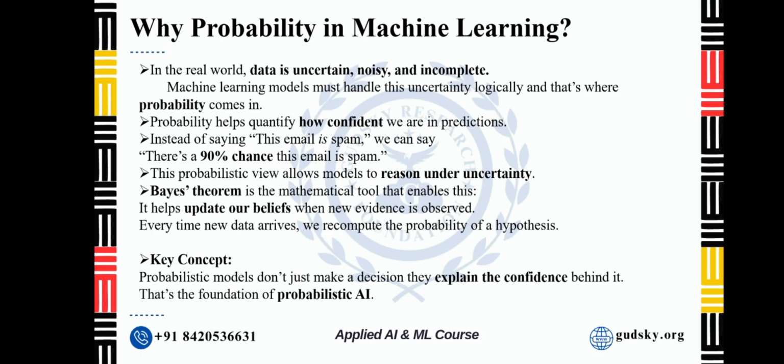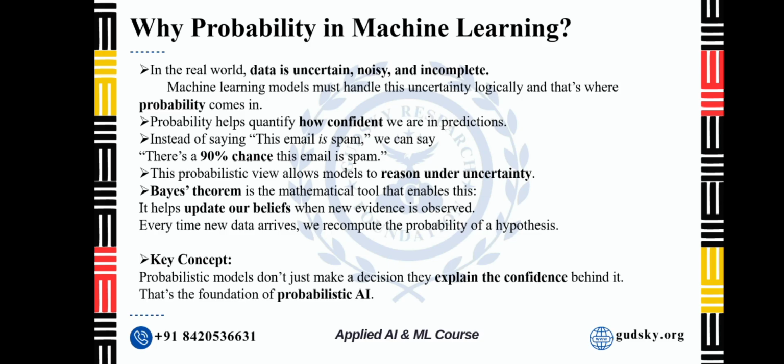So, why probability in machine learning? Now, before we jump into the naive Bayes model, let's understand why probability is even needed in machine learning. In the real world, data is never perfect. It's often uncertain, noisy, or incomplete. Imagine we are trying to predict if an email is spam or not. Sometimes even a human can't be 100% sure.